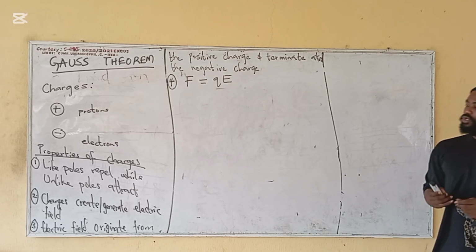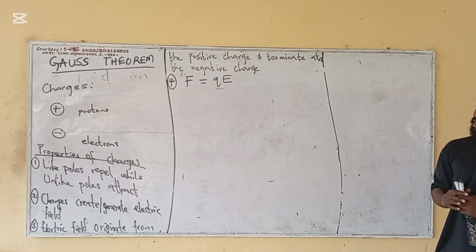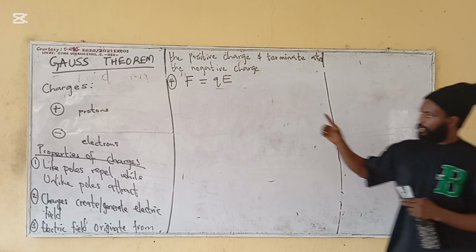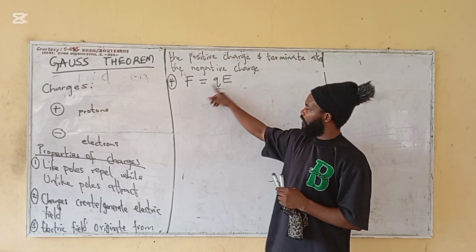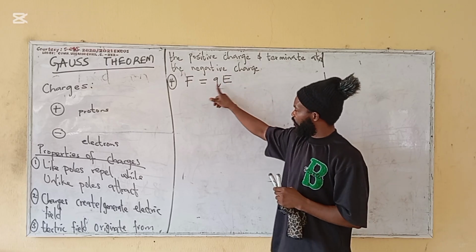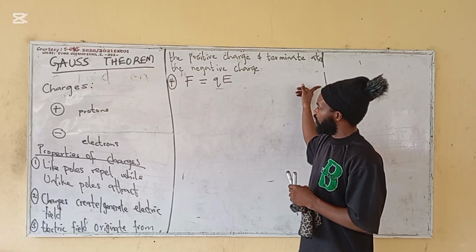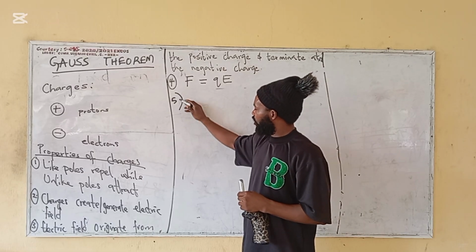The force on an electric field is given by F equals QE. That is due to its electrostatic force of attraction. So you can say the force on an electric field is given by F equals QE due to its force of electrostatic attraction.